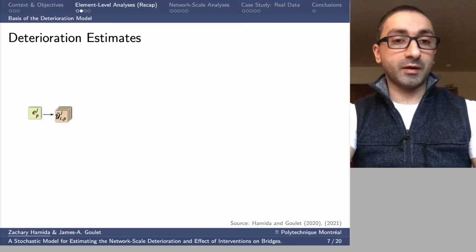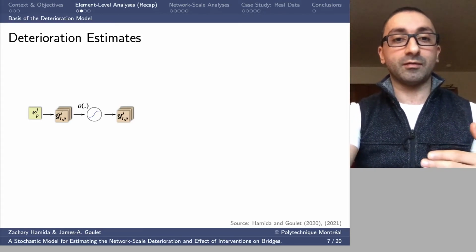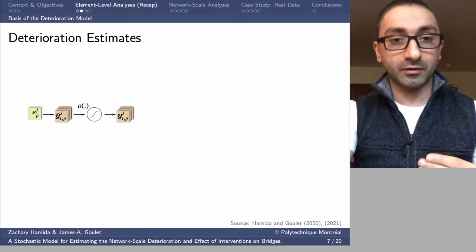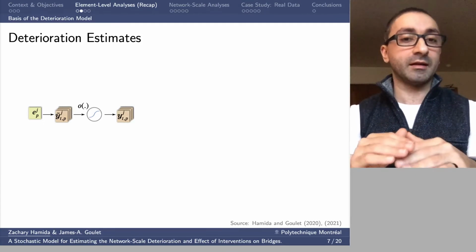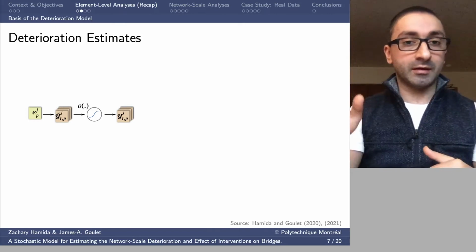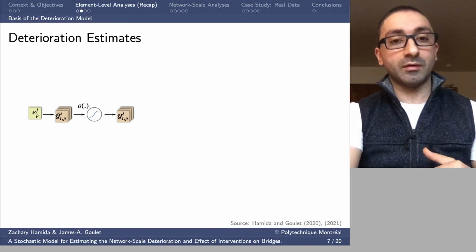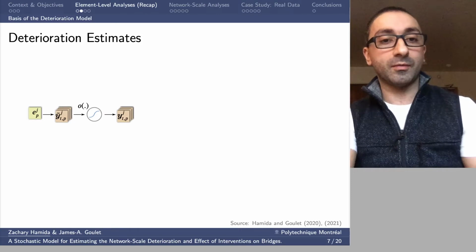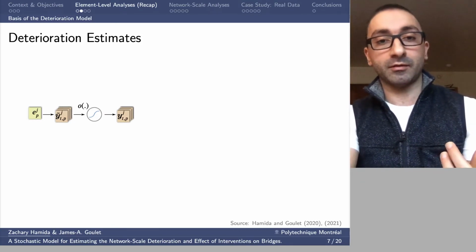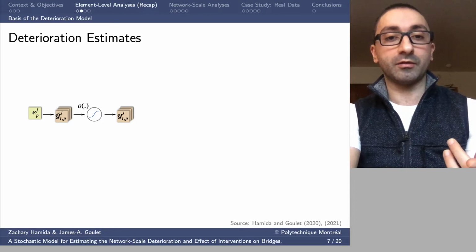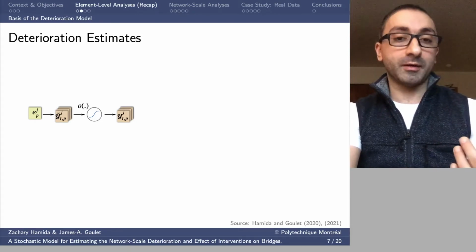Now, in order to apply our framework, we've used a transformation function, which is kind of a step function that allows us to transform our bounded observations into an unbounded space. So we get the observations, or the inspections, y.